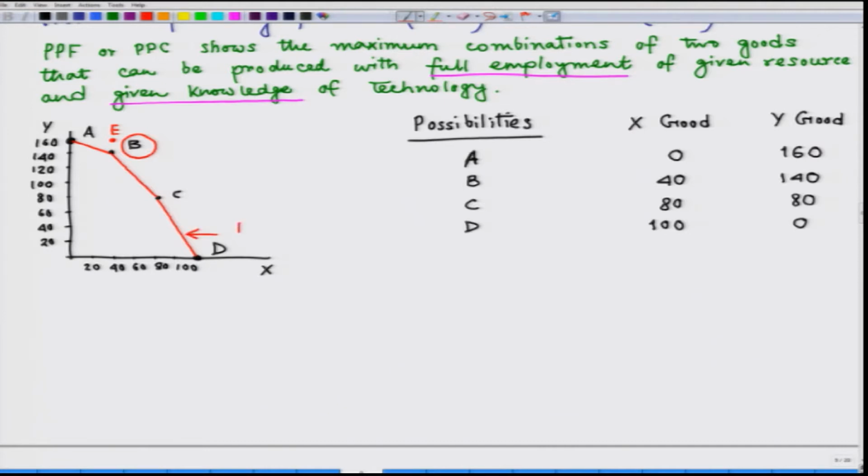So, this is my PPF displaying resource constraint or scarcity problem.